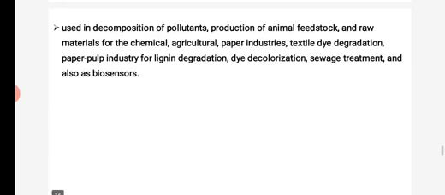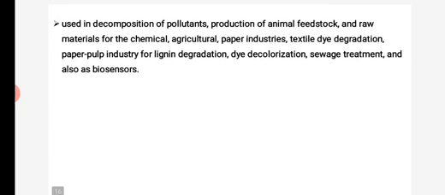Peroxidase is used in decomposition of pollutants, production of animal feedstock and raw materials for chemical, agriculture, and paper industries, textile dye degradation, paper pulp industry for lignin degradation, dye decolorization, sewage treatment, and also in biosynthesis. So peroxidase has wide applications.